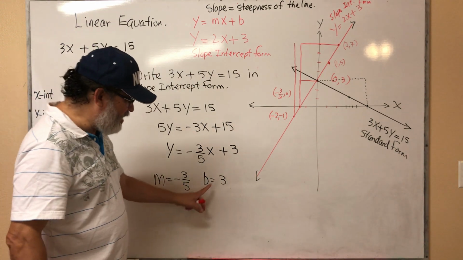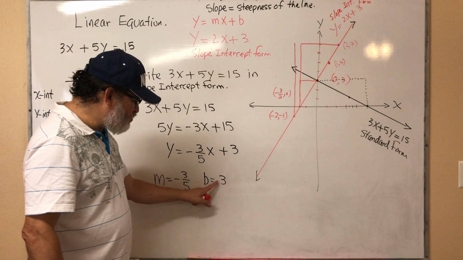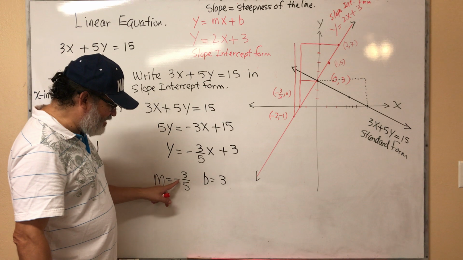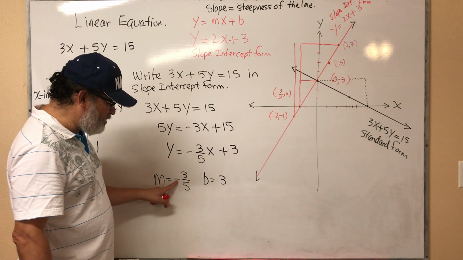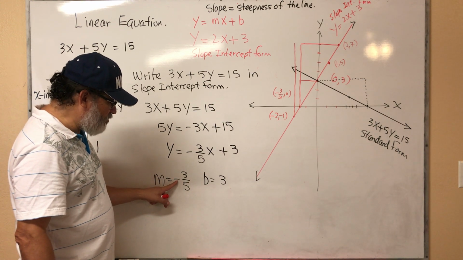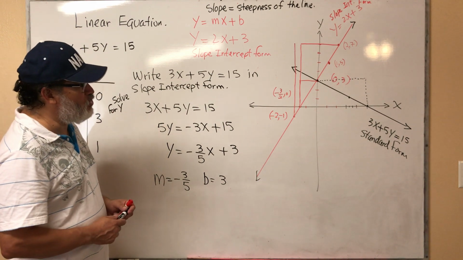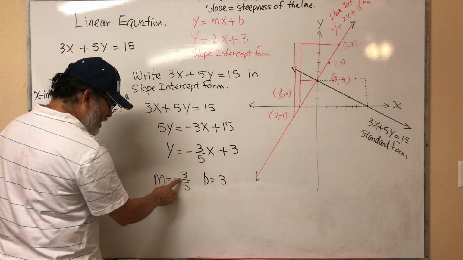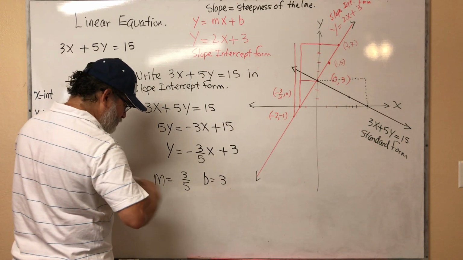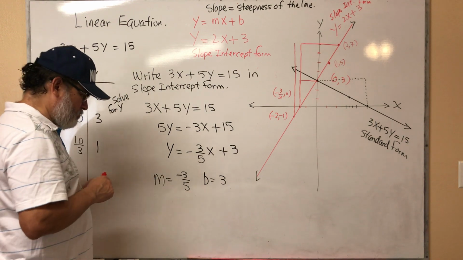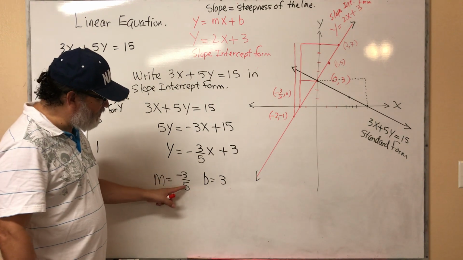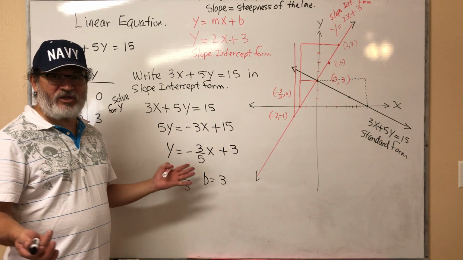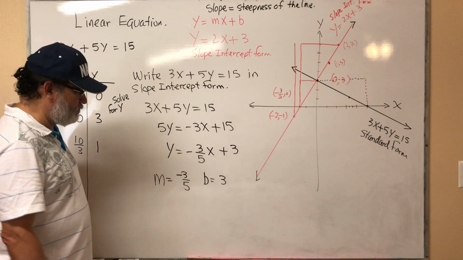So go to the y-intercept, which is 3, and then you rise and then you run. Now because this negative is outside, you have to make a choice. Either you bring the negative up or down. I'm going to bring it up. What's a negative 3 divided by 5? What's a negative divided by a positive? Negative. So that's negative 3/5. Watch this.